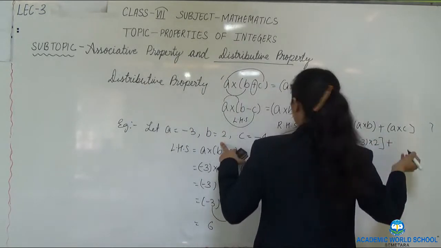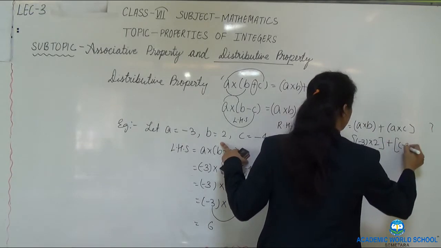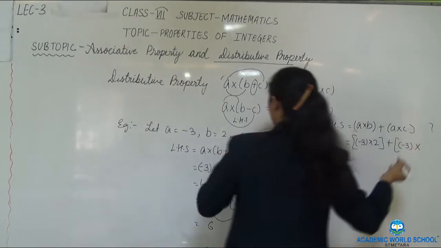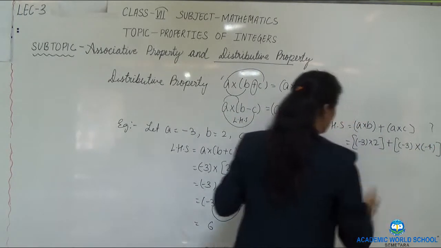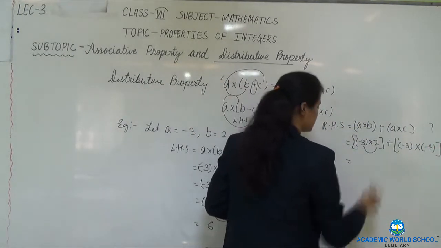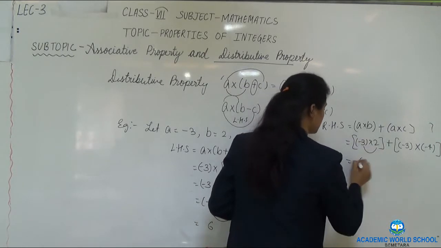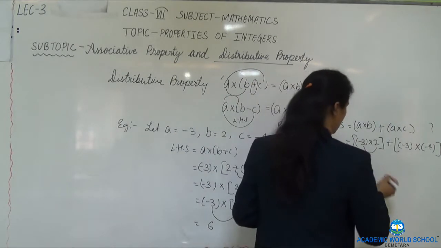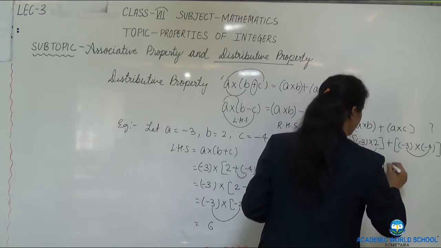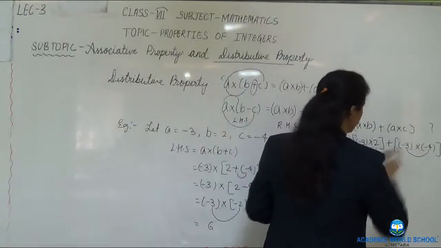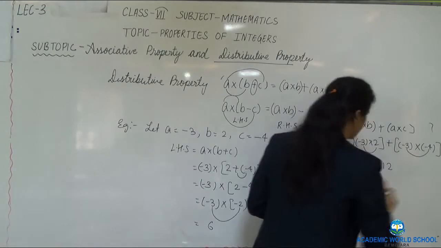Again plus what is A? -3 into C, -4. First multiply the numbers. 3 into 2, 6. Minus into plus, minus. Plus 3 into 4, 12. And minus into minus is plus. So our answer we got is plus.